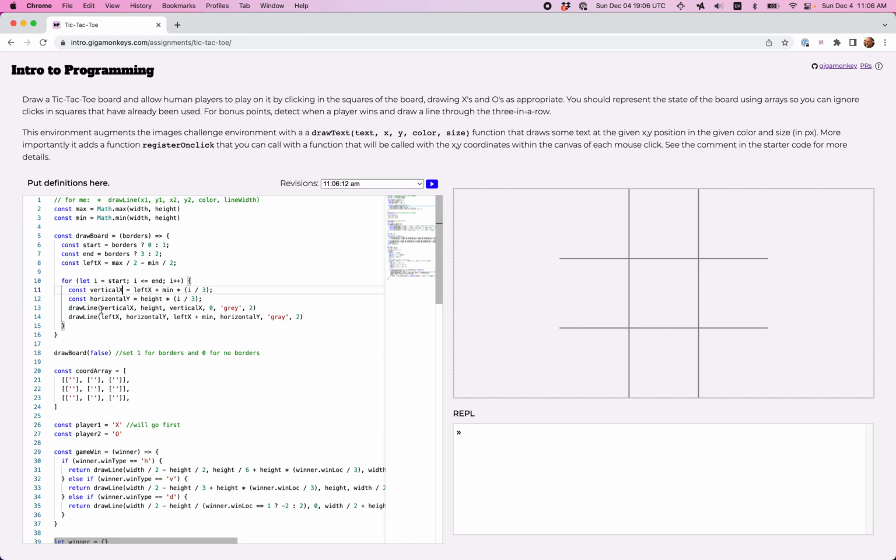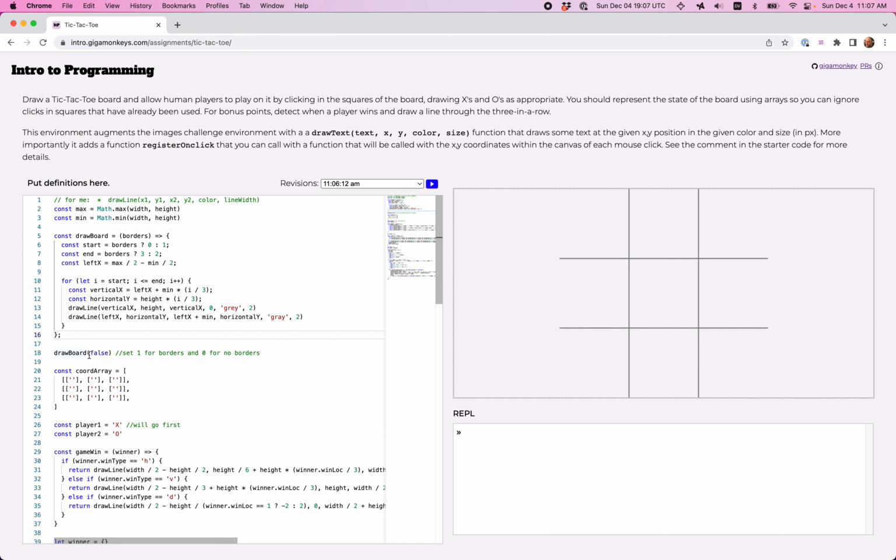So now we're drawing a line on the vertical x, these two values, from the height to 0. The height is down here, so we draw it upwards, that's fine. And then we draw a horizontal line from the left x on the given horizontal y position to the min. That seems all pretty good to me.